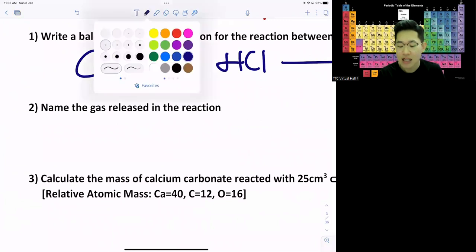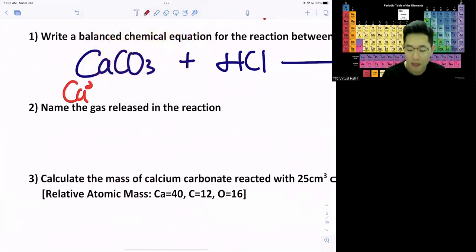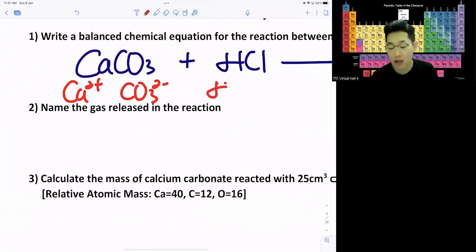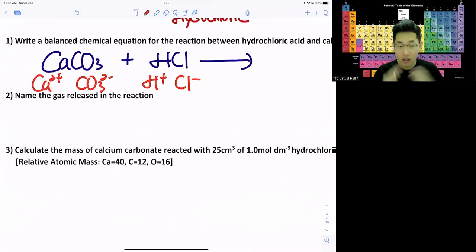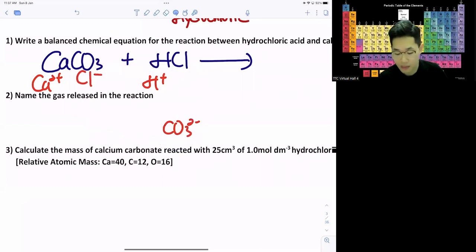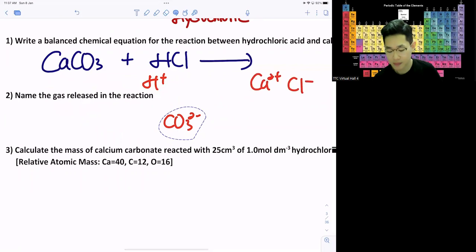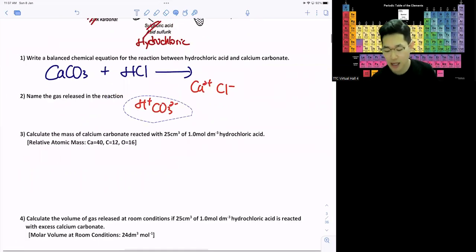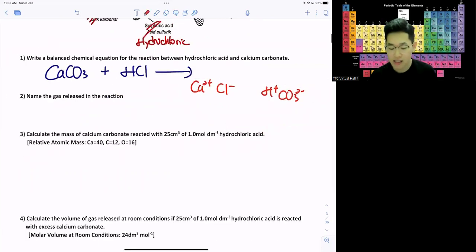We will first list out their ions, then exchange partners. So: Ca2 plus, Cl minus, H plus, CO3 2 minus.